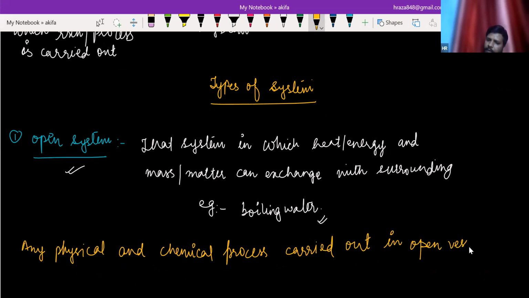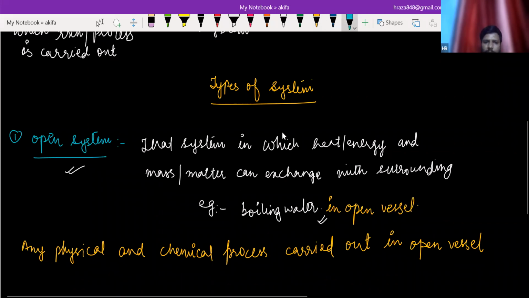Boiling water in open vessel will be more understandable. If you are boiling water in an open vessel, some of the heat will exchange with the surrounding, as well as some of the matter. That type of system is called open system.